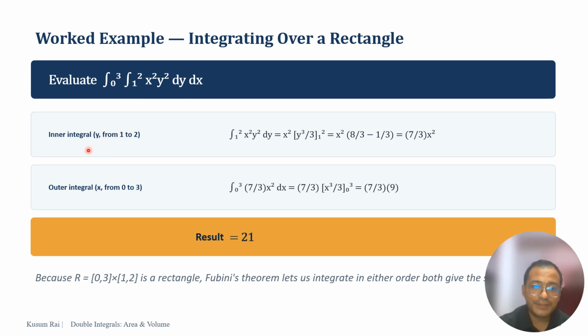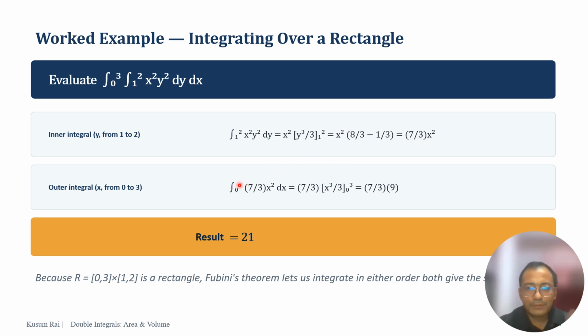Here y is the inner variable, so we have to do that first. After calculating and evaluating from 1 to 2, we get 7/3 x squared.